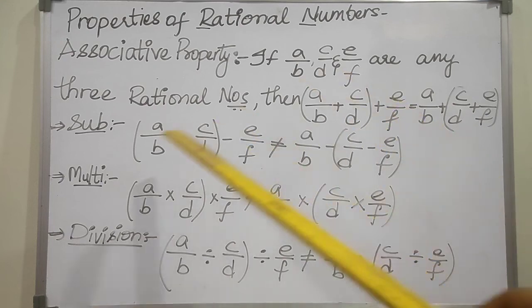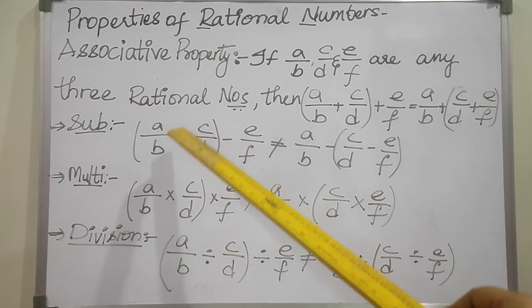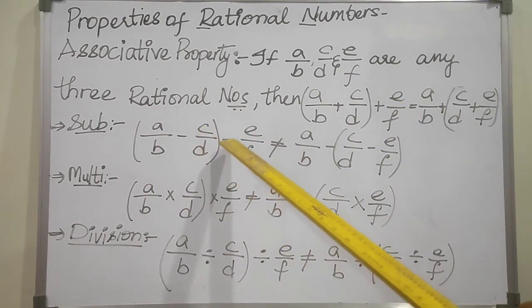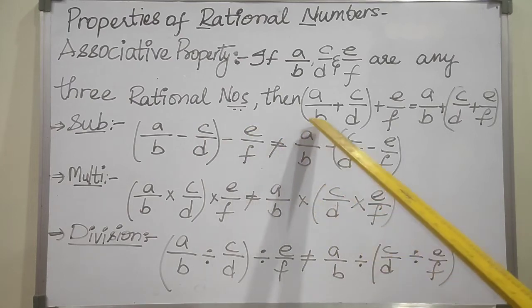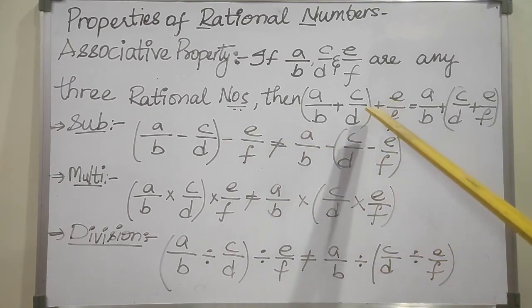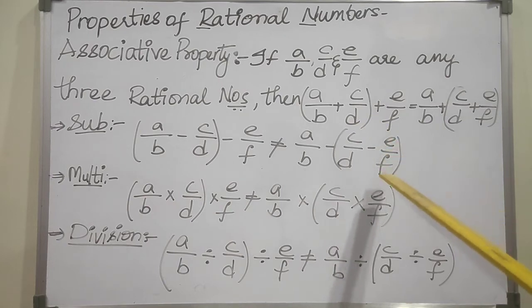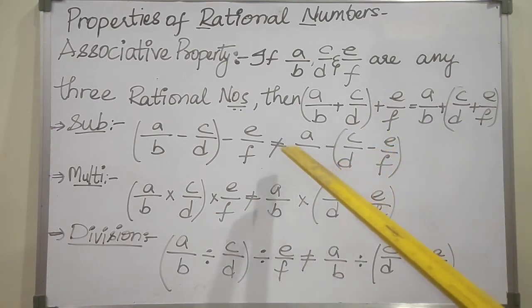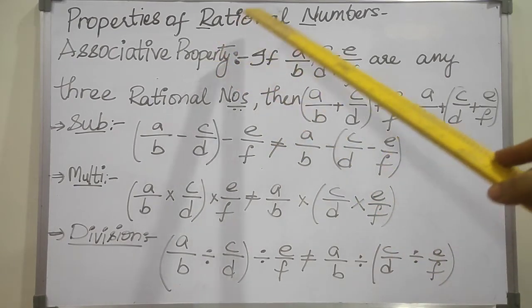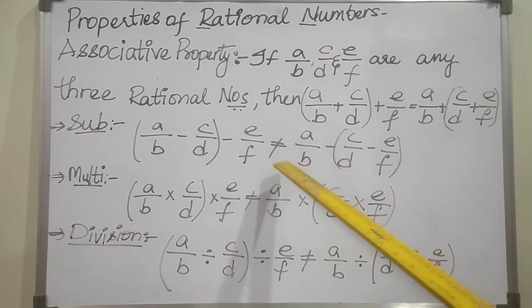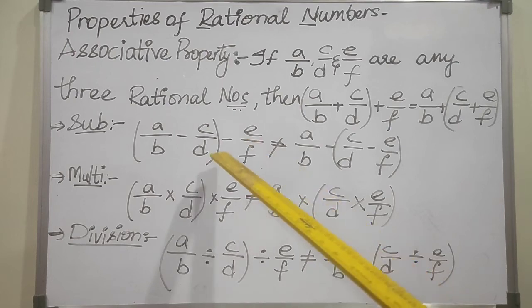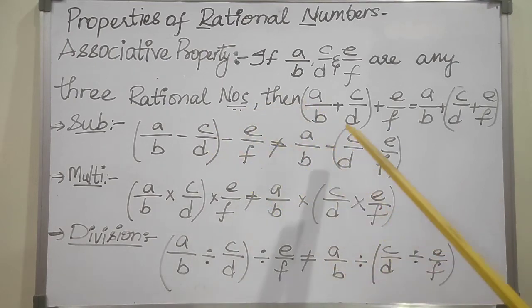Now we shall see subtraction. A by B minus C by D minus E by F is not equal to A by B minus of C by D minus E by F. This means rational numbers are not associative under subtraction, with this LHS and RHS.